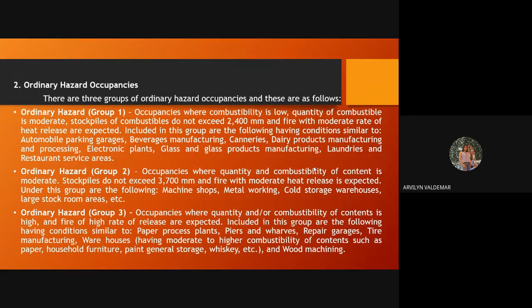Next is group 3: occupancies where quantity and/or combustibility of contents is high and fires of high rate of heat release are expected. Included in this group are the following having conditions similar to paper process plants, piers and wharves, repair garages, tire manufacturing, warehouses, and wood machining.